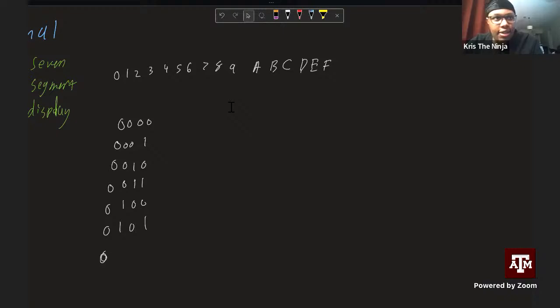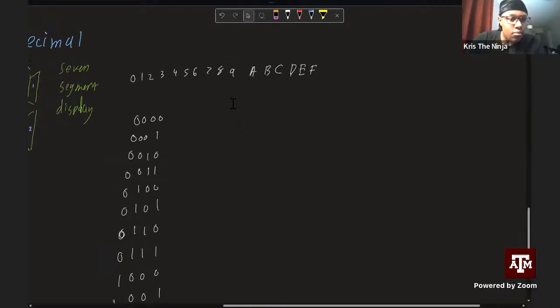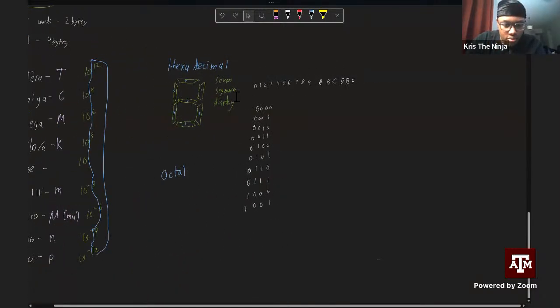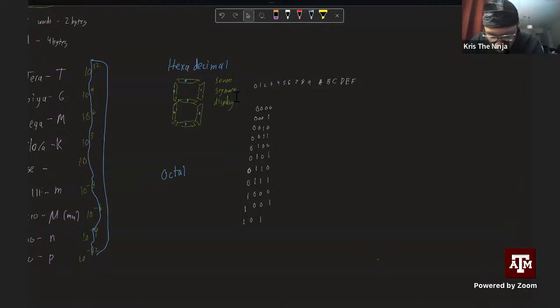This is also kind of teaching how to count in binary as well.